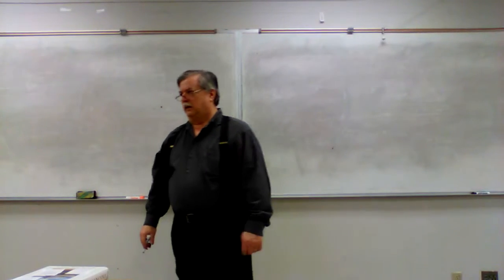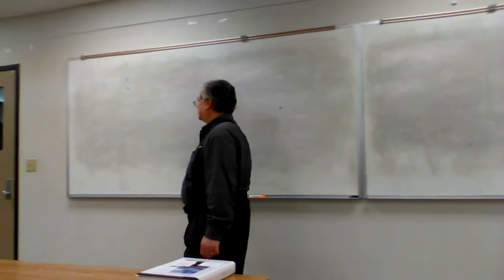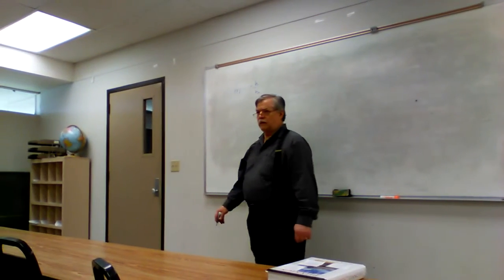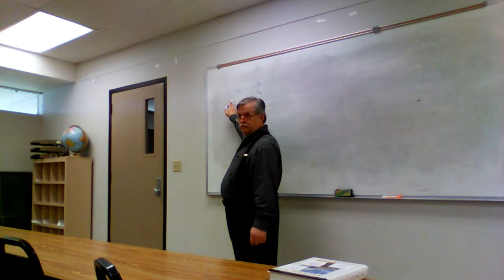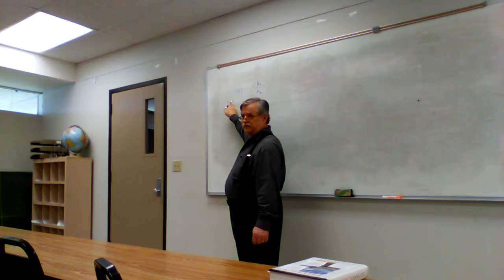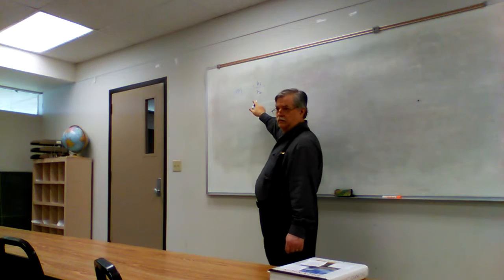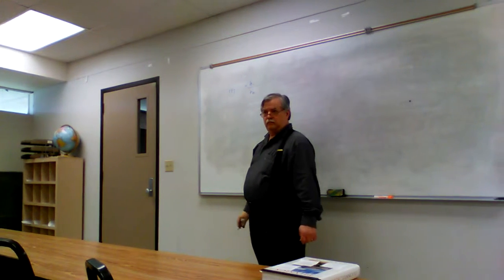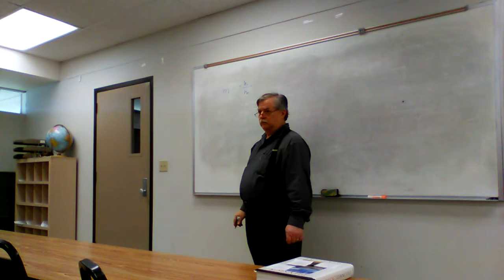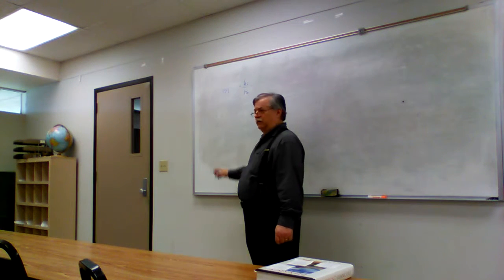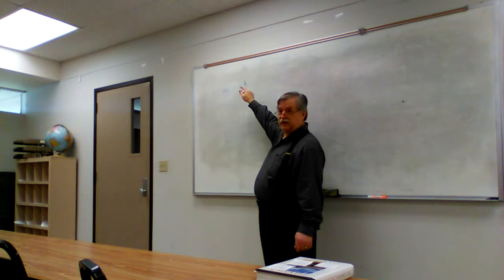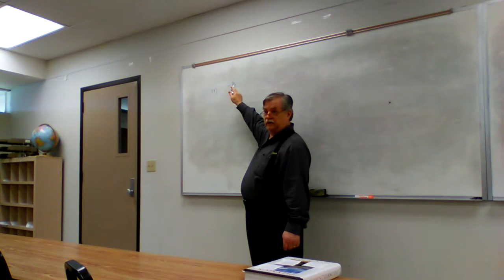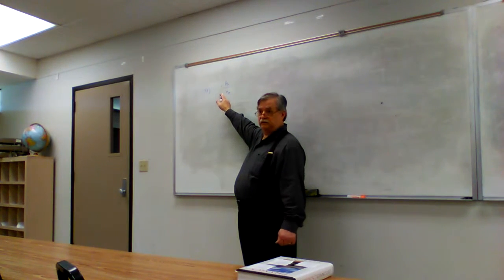So, if M is negative, what does that tell you? No. If M is negative, then one of these has to be a negative sign and the other has to be a positive sign.